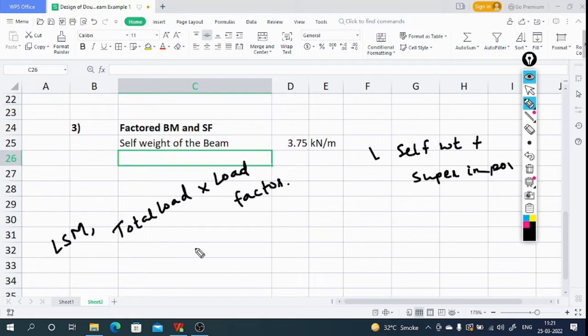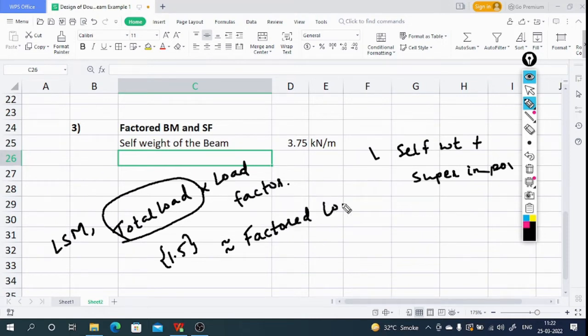Normally, in manual design, we shall take it as 1.5. So whatever total load you get by adding self weight of the beam plus superimposed load, that load has to be multiplied with load factor, and the load that you get after multiplying with the load factor will be called the factored load, and the beam shall be designed for the factored load.